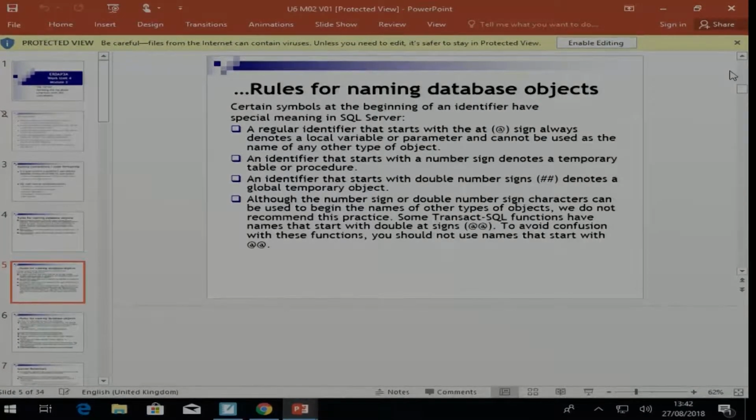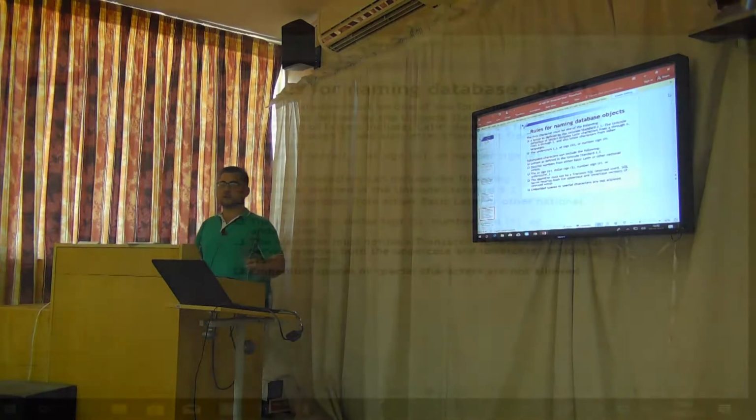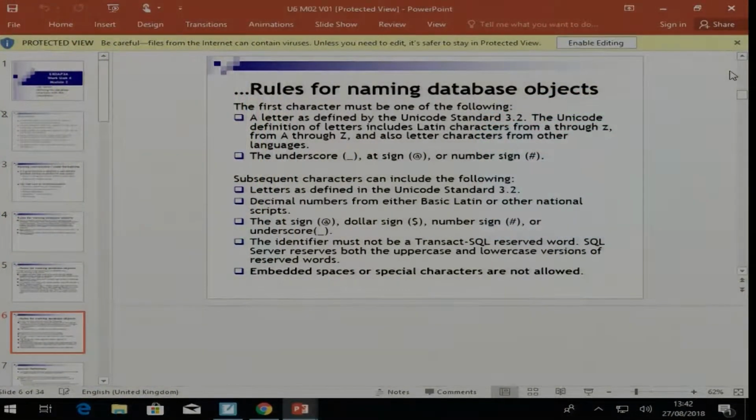Then we can have a double hash sign, which talks about global temporary objects, and then we have the at also, which talks about SQL Server functions that we can access from there. Then there's other rules which we can define for subsequent characters after the first one. Guys, you can review this to see what you can use for naming attributes or columns and your tables.